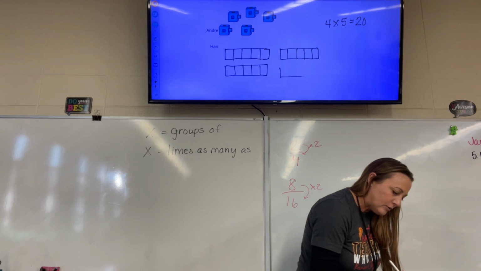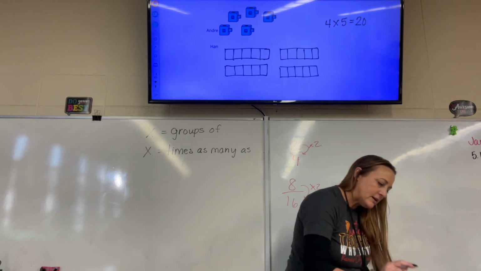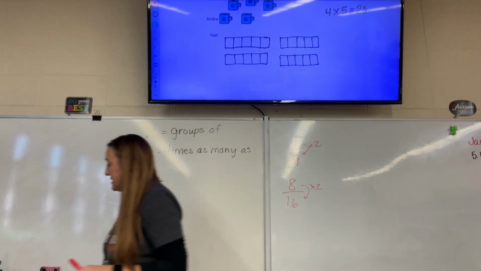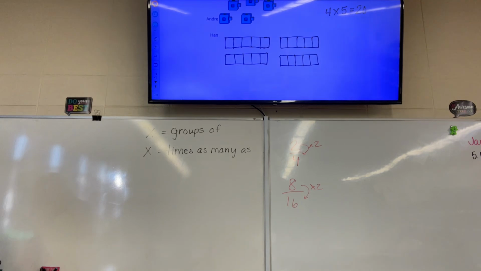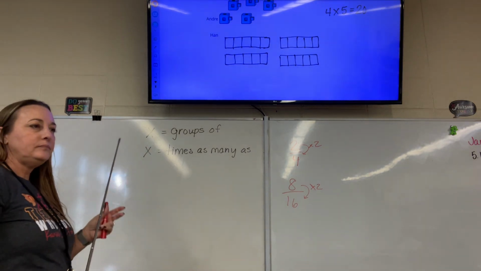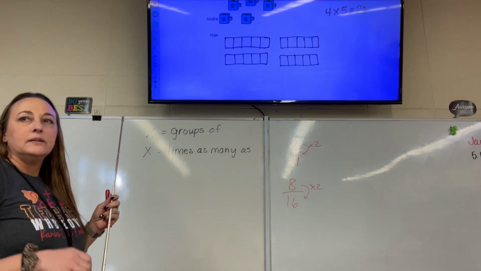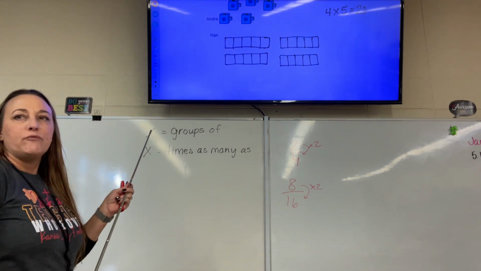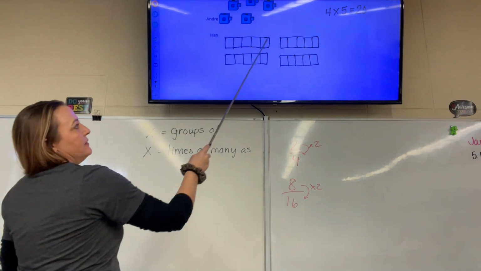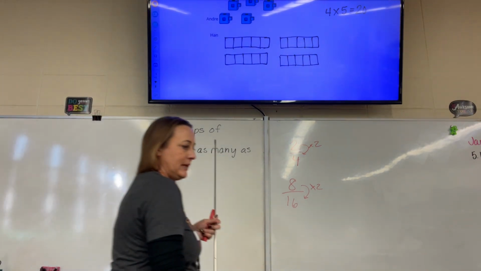And 4 groups of 5. All right, so 4 groups of 5. And if we counted those out, how many blocks are there, Colton? 5, 10, 20. 20. Make sense?